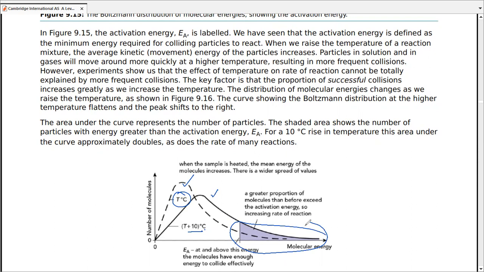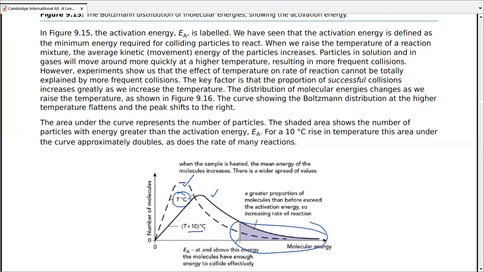Now, the distribution of molecular energies changes as we raise the temperature. The Boltzmann distribution shows us that at a higher temperature, the peak flattens and shifts to the right, giving us a bigger portion of the particles capable of being converted into products. Why? Because they have the cumulative energy equal to or greater than the activation energy.